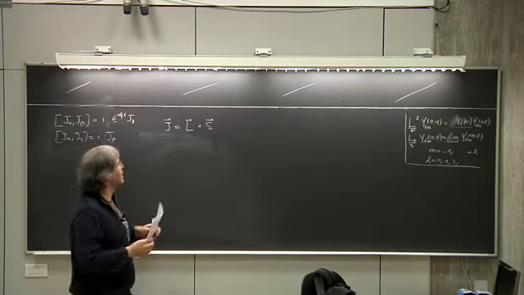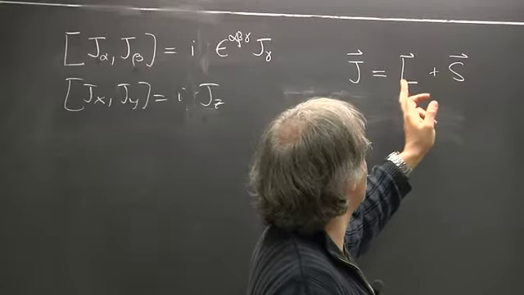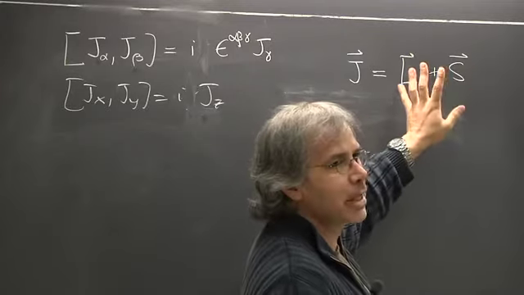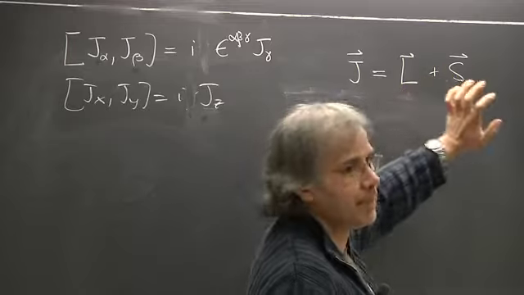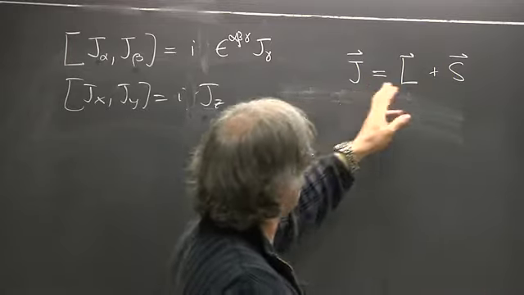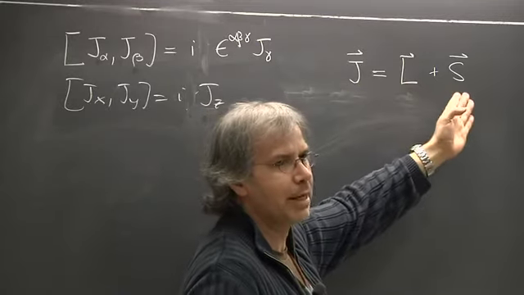We will discuss the meaning of this way of writing, because after all, these are operators acting on different spaces, and I will explain to you what it means to sum them, okay, in due time. Nevertheless, people introduce the total angular momentum being the sum of the orbital and spin angular momentum.